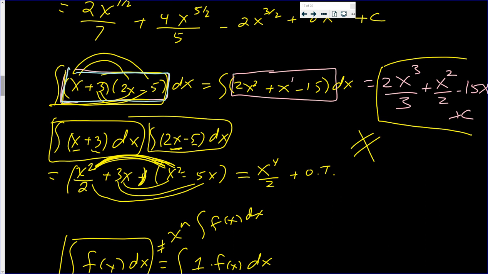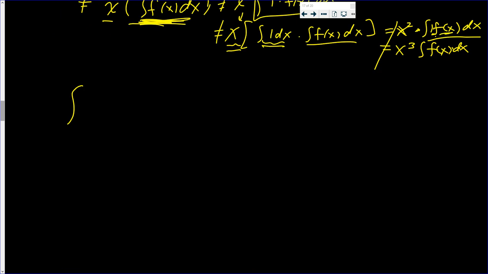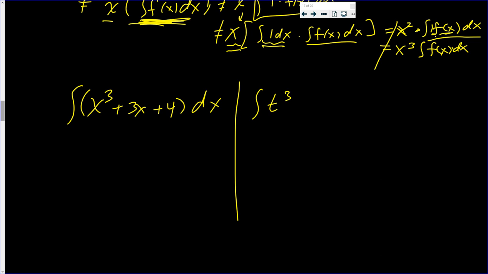Now, let us look at this one. We'll look at two problems. They're going to look real similar. The answer is going to be pretty much exactly the same, except we're going to have t's on the right. So it's dt.